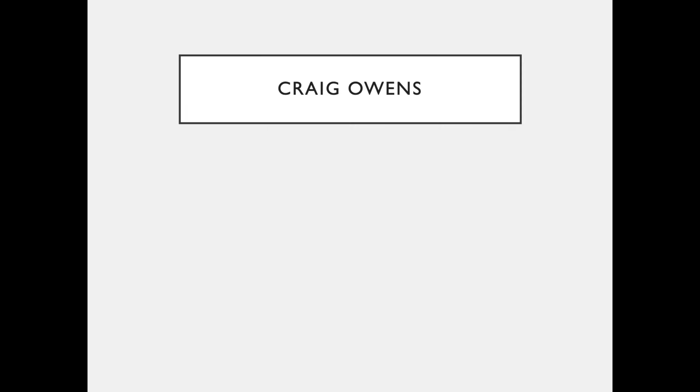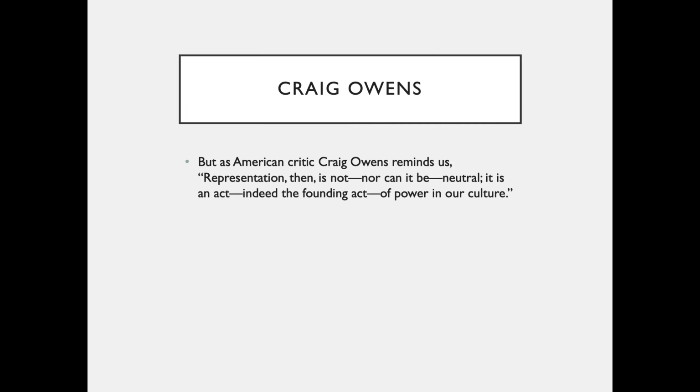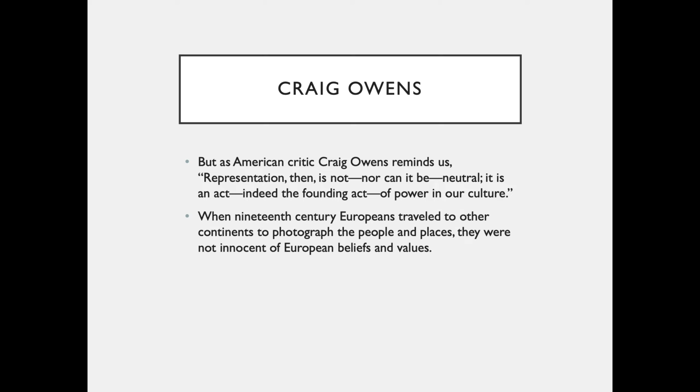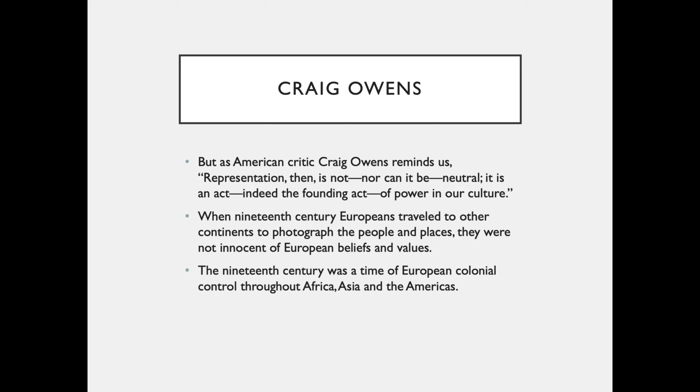Let's look at the philosopher Craig Owens. But as American critic Craig Owens reminds us, representation, then, is not, nor can it be, neutral. It is an act, indeed the founding act, of power in our culture. When 19th century Europeans traveled to other continents to photograph the people and places, they were not innocent of European beliefs and values.